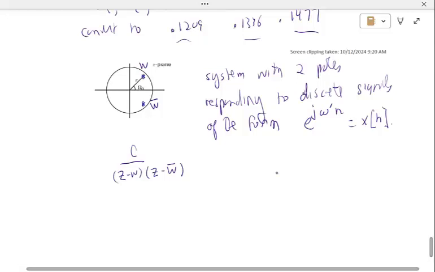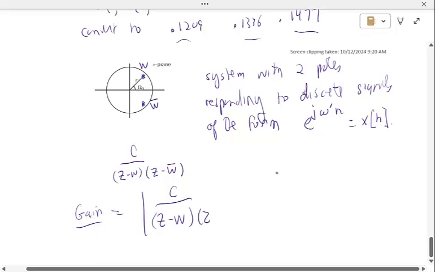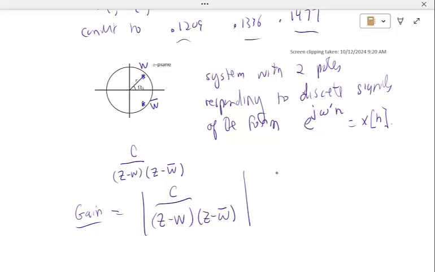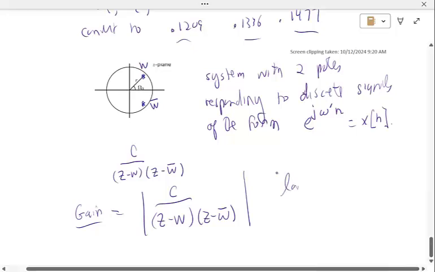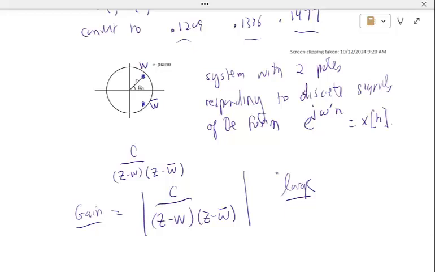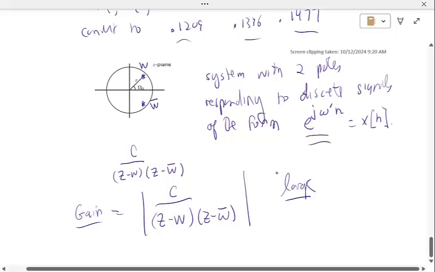Now remember that the gain is equal to the magnitude of this. That's the gain. It's going to be the modulus of this complex number. We want this to be large for certain values of the input and small for certain other values.